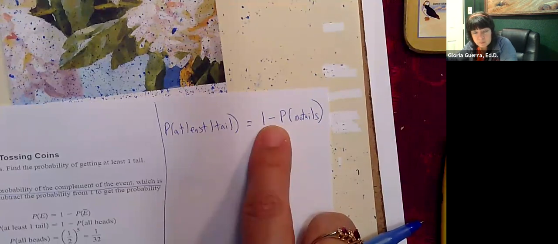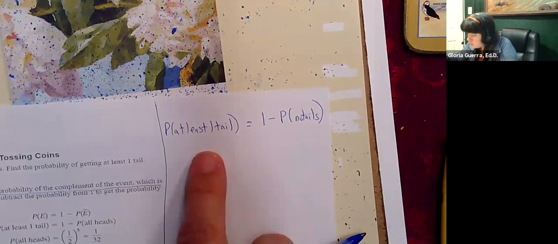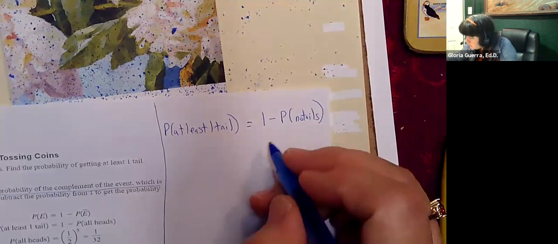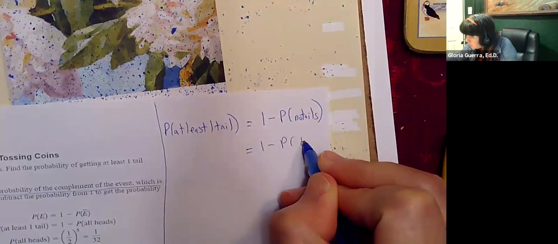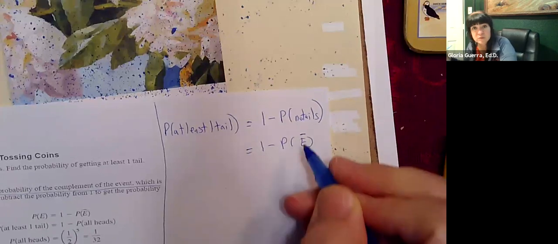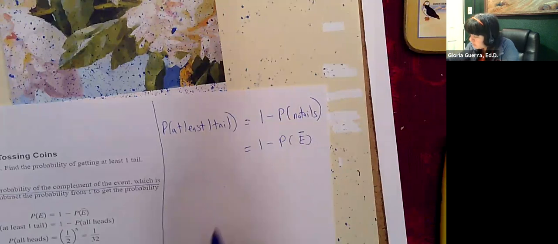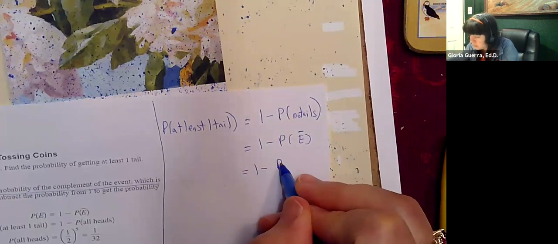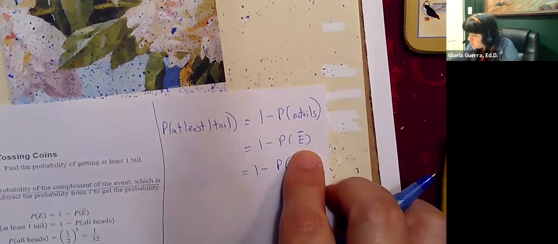So I did the complement. At least one tail is 1 minus no tails. E bar tends to be that, no tails.